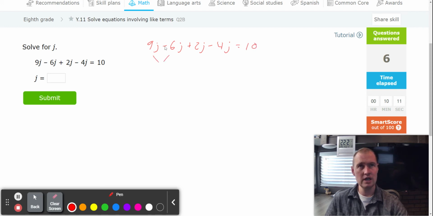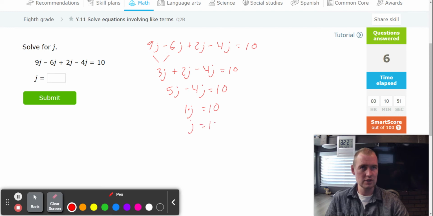Well, here we go. 9j minus 6j is 3j, carry down plus 2j, carry down minus 4j equals 10. 3j plus 2j is equal to 5j minus 4j equals 10. And 5j minus 4j is 1j equals 10. This one came out so nice because 1 times a j doesn't change anything, so therefore j is equal to 10.